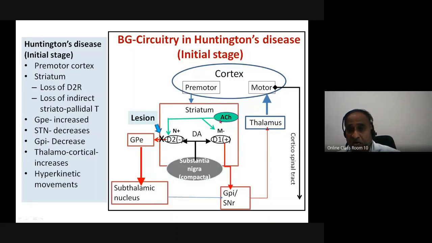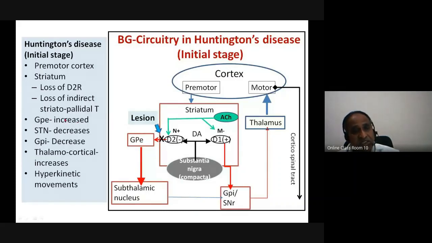So that is why I have made the changes in the line strengths or the line widths to indicate what is happening. So here in the initial stage, it is the loss of the striatum GPE GABAergic neurons. I have summarized it. From the premotor cortex, there is a loss of the D2 receptor or loss of the indirect striatopallidal tract.